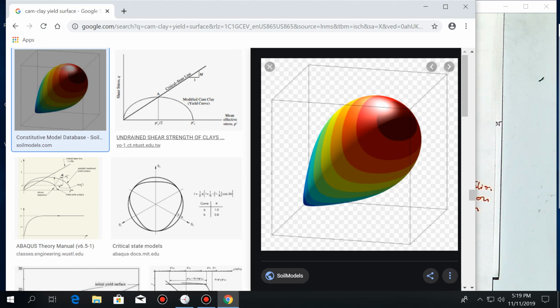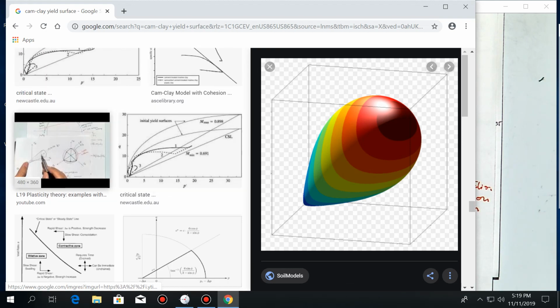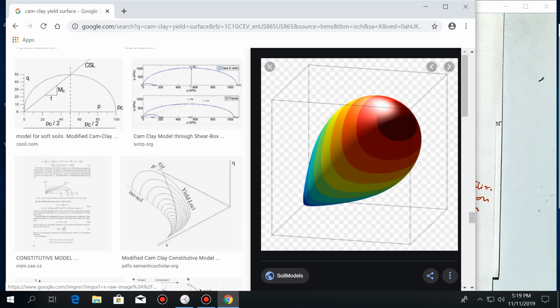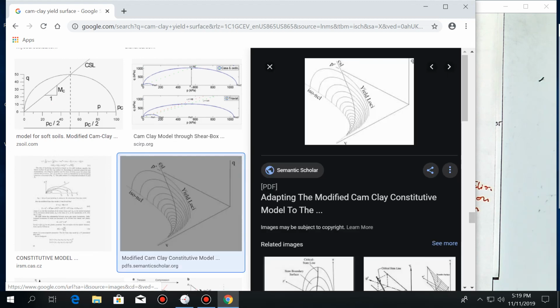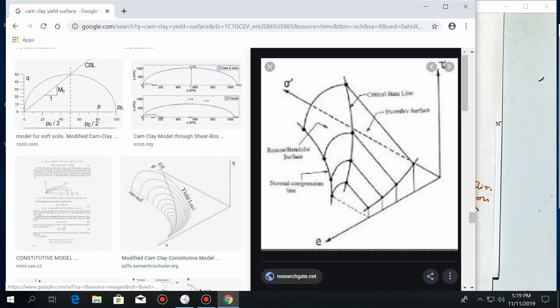But this is not the one I wanted to show. Oh, no, I think I know that one. Okay, so this is another one, another good one.